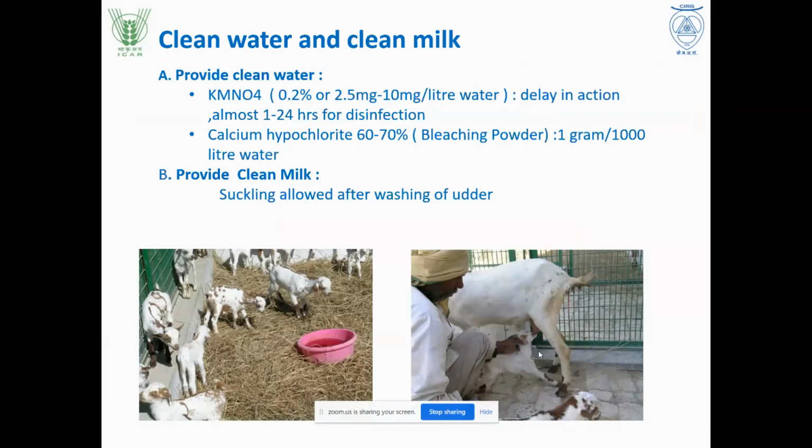You can provide clean water by disinfecting it with potassium permanganate. Although it is a weak disinfectant, it takes a very long time to disinfect the water, especially when organic matter is very high. So you have a better option: bleaching powder and chlorine tablets, and provide clean milk.